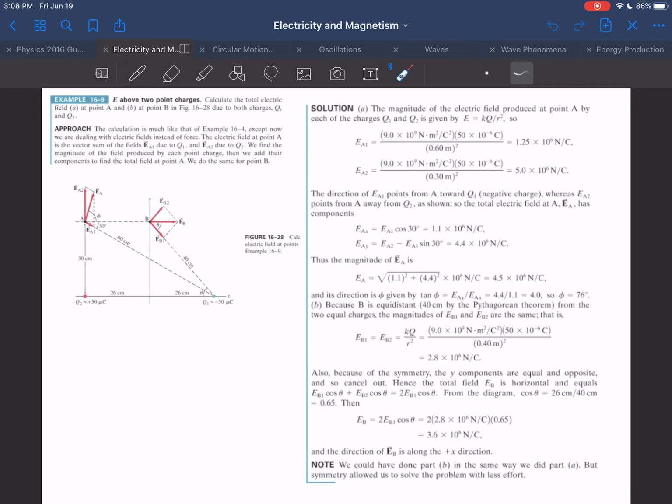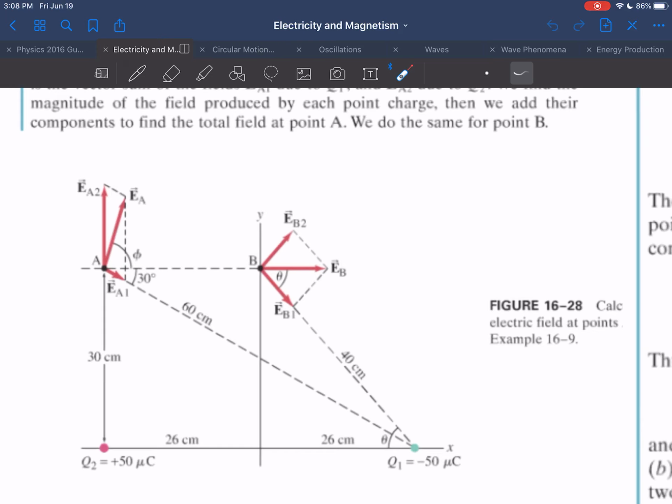The key ingredient to calculate this is to recognize that the net electric field is just the electric field component from the positive charge plus the vector sum of the electric field due to the negative charge. And that gives you a net electric field up and to the right. Notice it's slightly shorter than only the positive component, more or less because it's being, so to speak, pulled down and to the right.